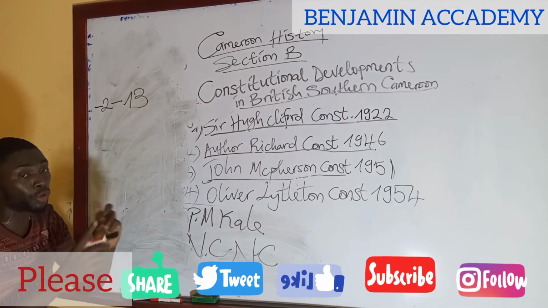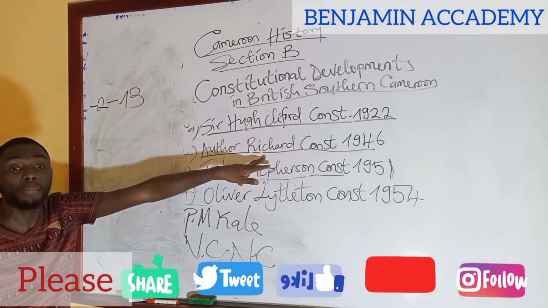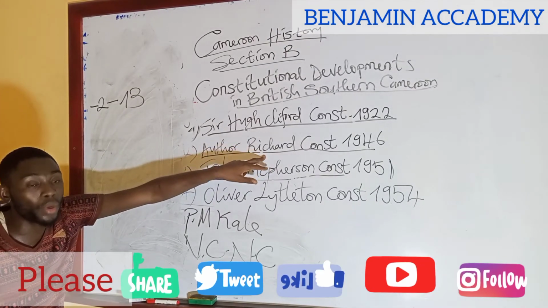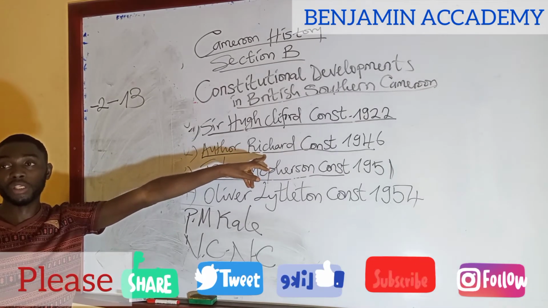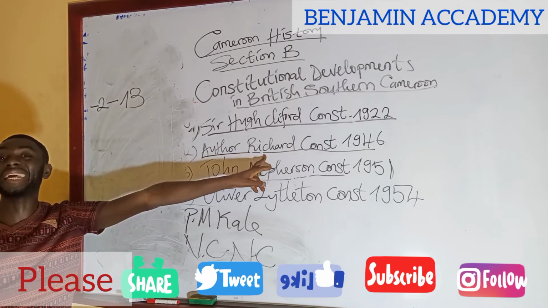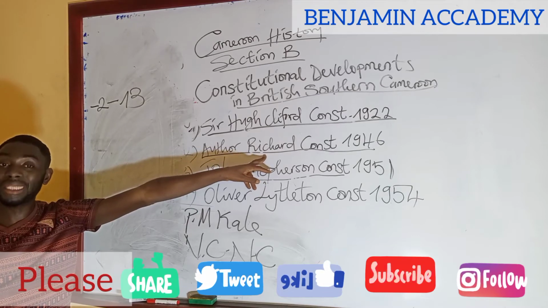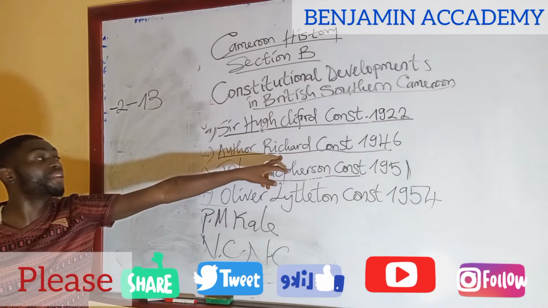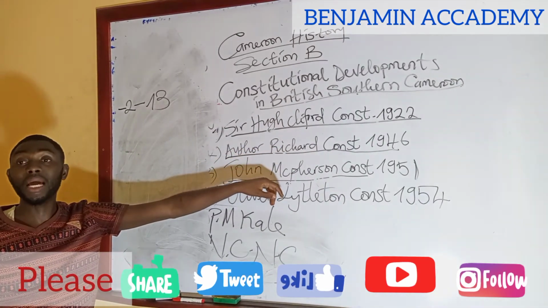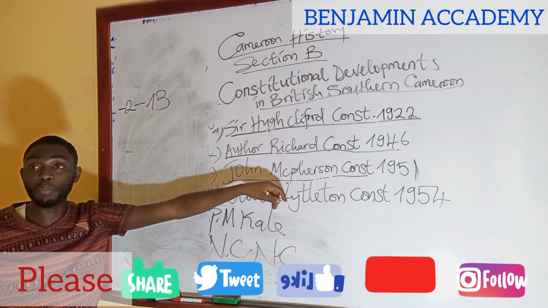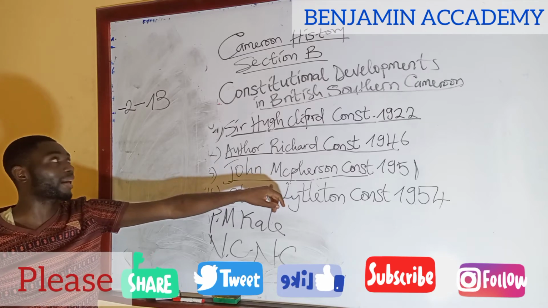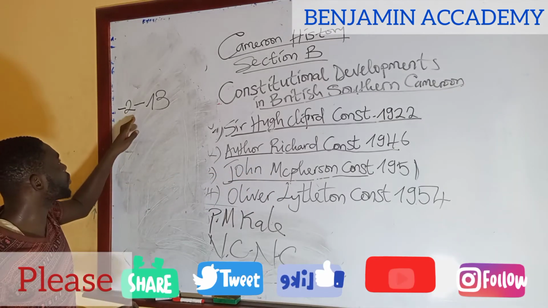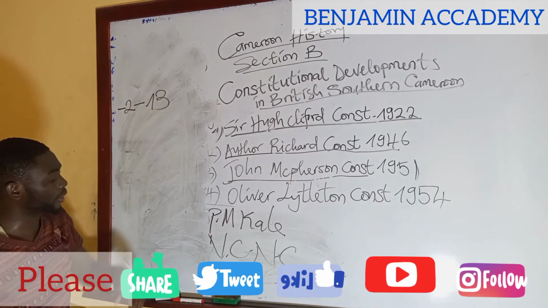So the Southern Cameroonians criticized the Richard Constitution because to them the number of seats was small. Two people were too few to clamor for socio-political and economic changes in the territory that was backwardly developed by the British. So they needed more representatives in the assembly, so that the more the people, the higher their voices and their demands could be granted. So the number of seats was increased from 2 to 13.